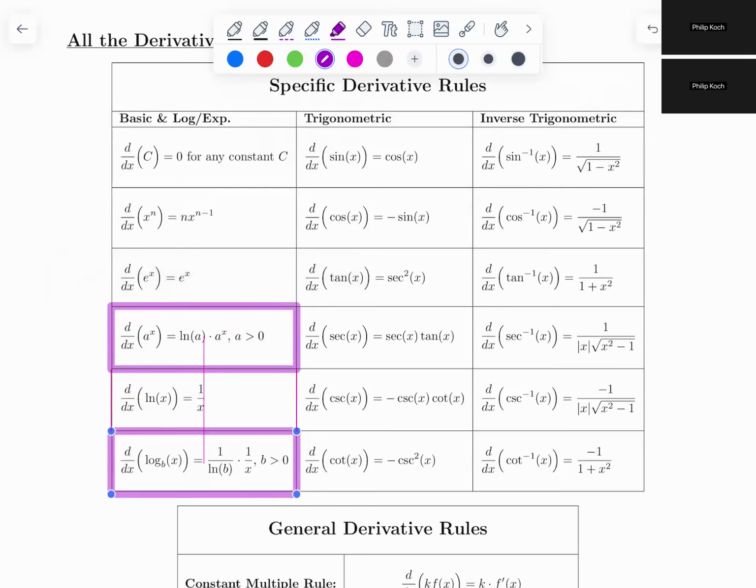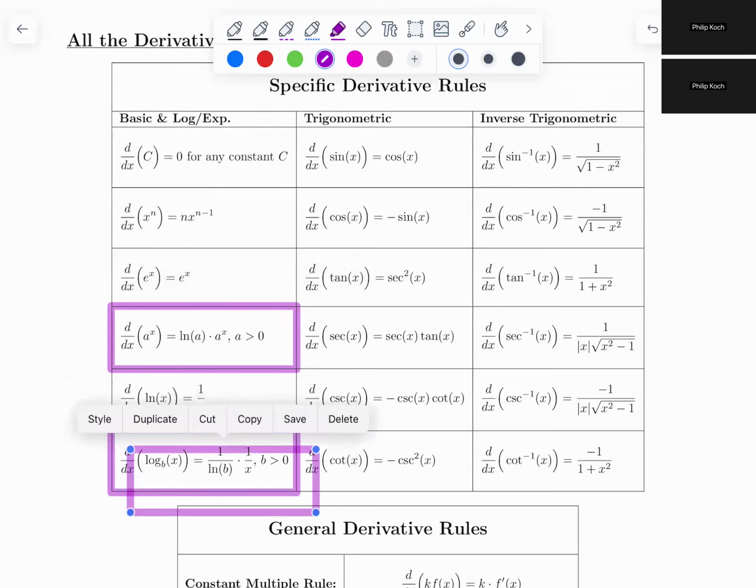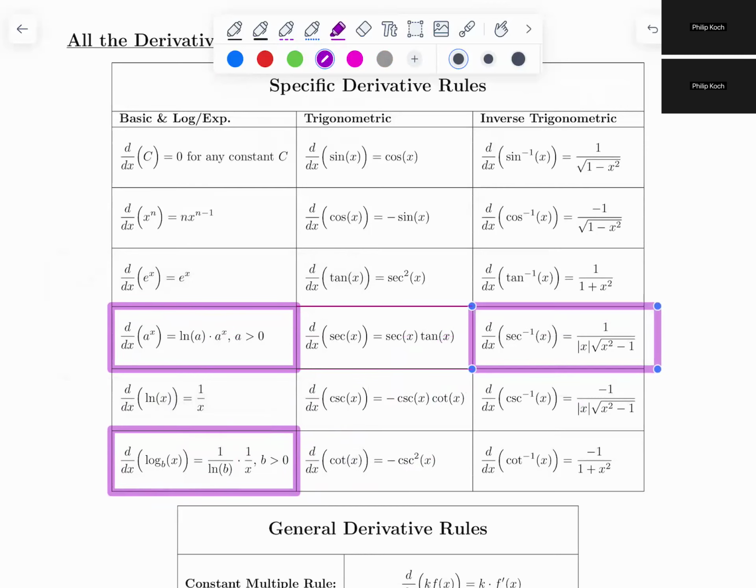That one, this one, this one, and this one. Don't need them. Everything else is fair game and should be memorized, should be practiced. Please utilize this as a kind of cheat sheet. Feel free to test yourself on it. That's the reason why I included it. But flashcards are great.